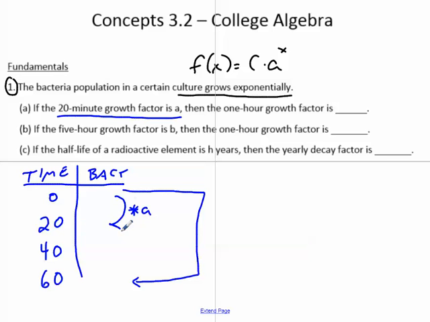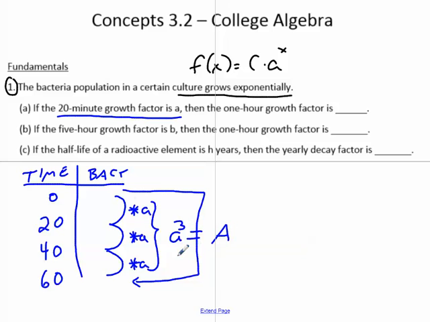From 20 to 40, I again multiply by a. From 40 to 60 minutes, I multiply by a. All three of these put together give me a cubed, and that equals my growth factor, which I'm going to call big A, for multiplying from 0 to 60.